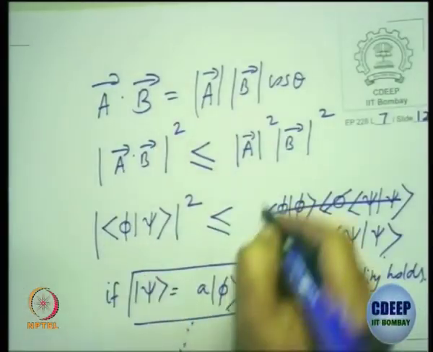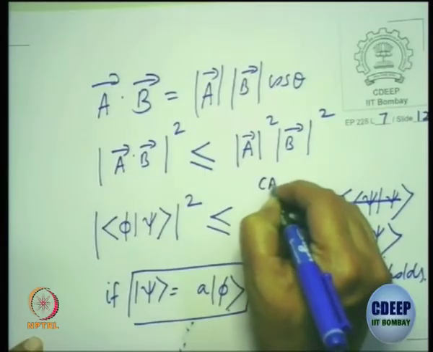For such a linearly dependent situation, the equality will hold, and in general the inequality will be satisfied. So this is what is called the Cauchy-Schwarz inequality.